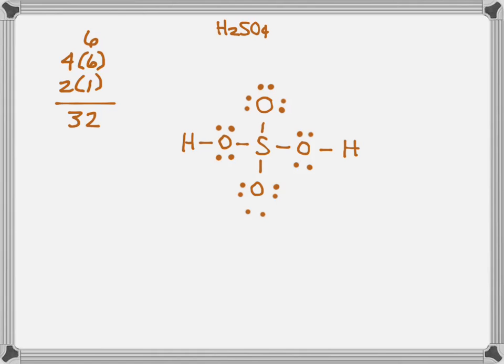So that looks great, doesn't it? Like, wow, that worked out really well. What do you want to mess with that for? Well, let's look at the formal charges on this. We don't have to worry about the hydrogens. This oxygen, what's the formal charge? 0.